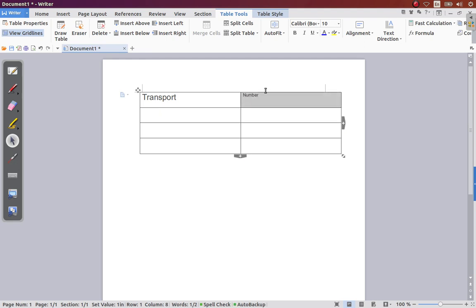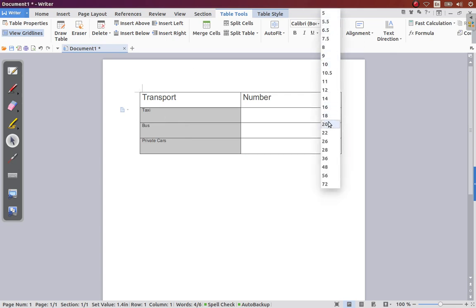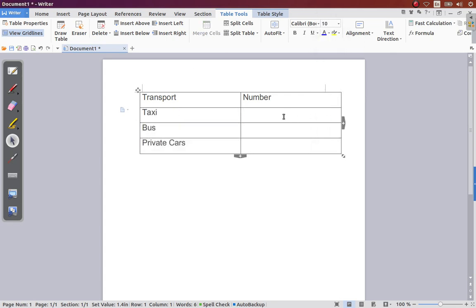So the type of transport and the number of people that you see using it, say over a 1 week period, you have taxi. You want to look at those who take the bus, and you also want to look at those who travel in private cars. It could be a matter of you doing a survey or just observing to get a general idea.